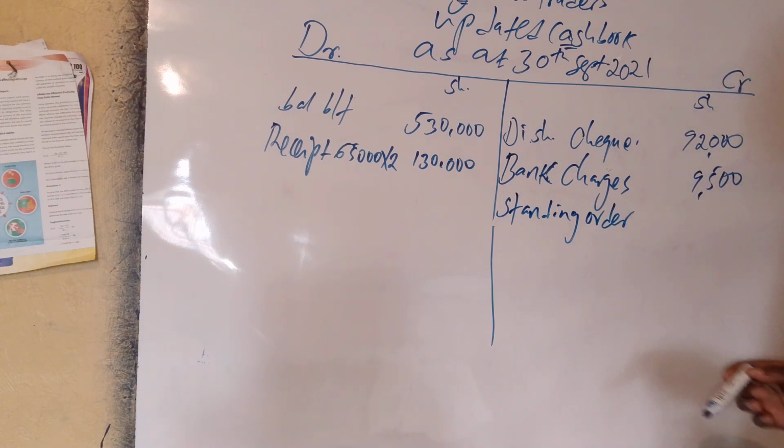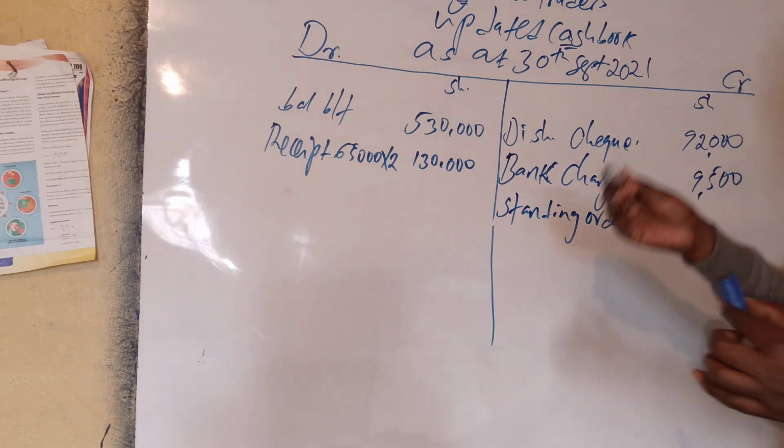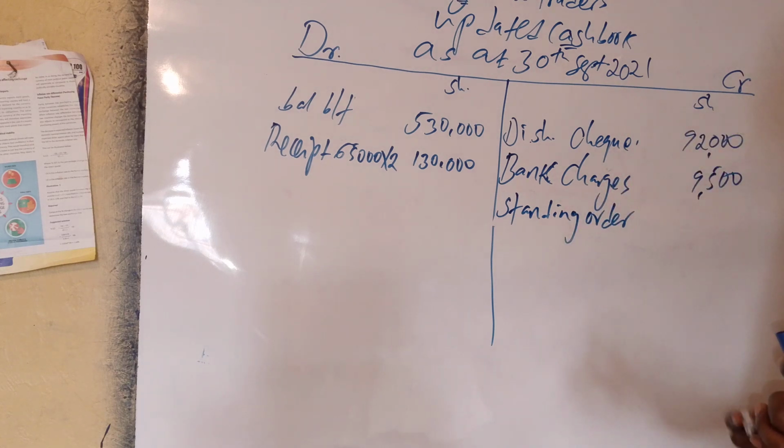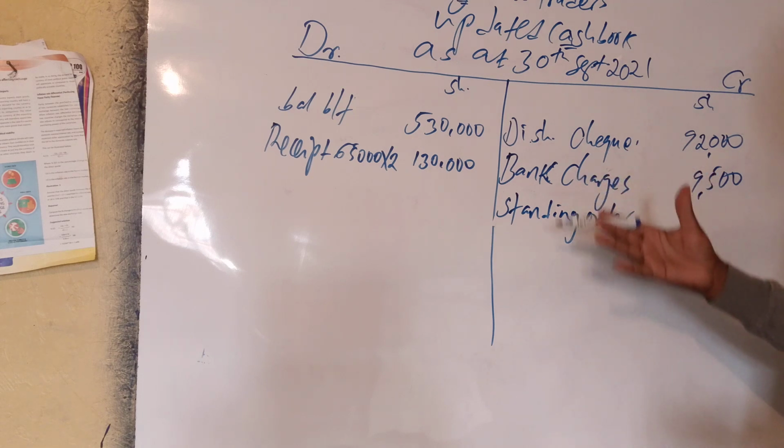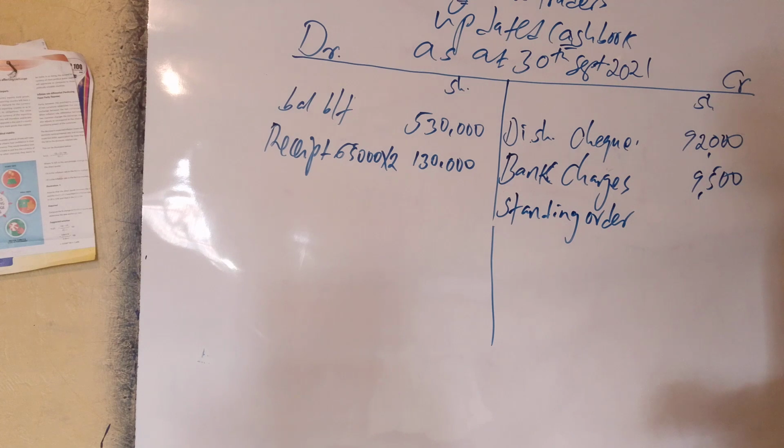Because you have instructed your bank to be deducting a given amount and pay that amount to another account, meaning in your account money is reducing. So standing order, 230,000.